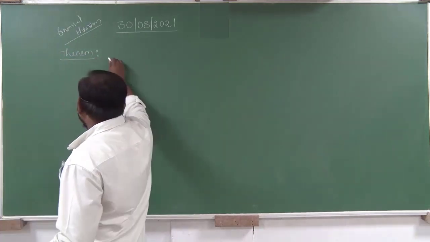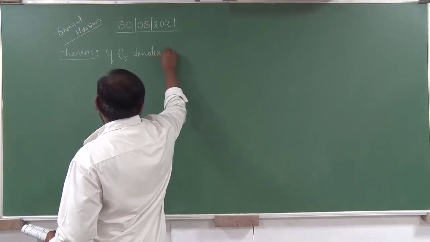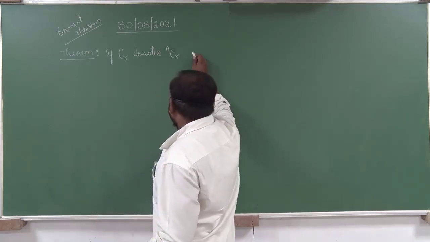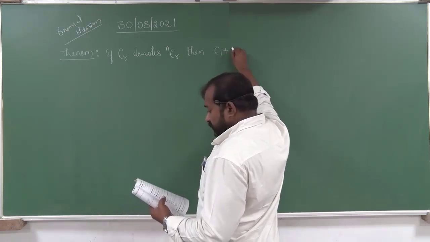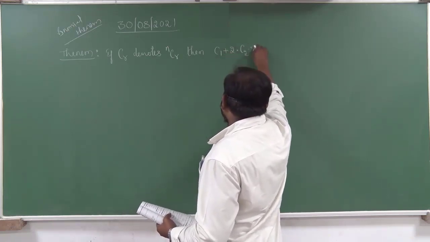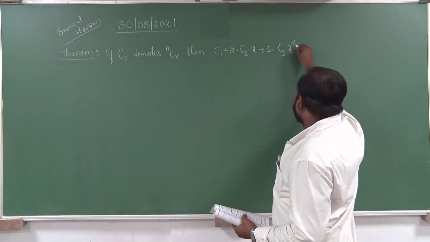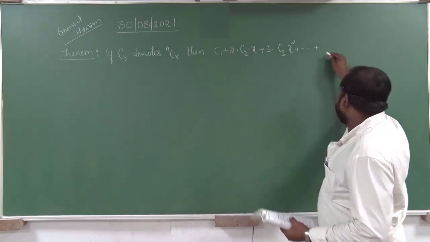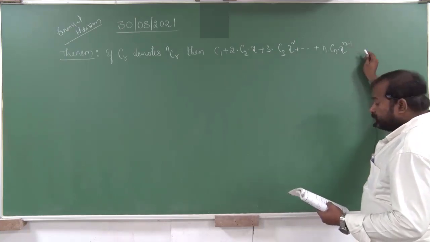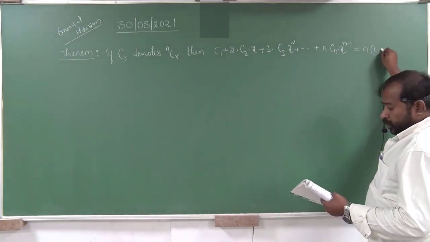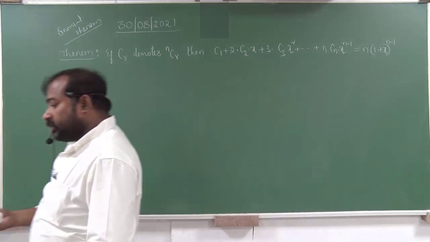Here the theorem is, if Cr denotes nCr, then C1 plus 2 into C2 into x plus 3 into C3 into x square plus ... plus n into Cn into x power n minus 1 is equal to n into (1 plus x) whole power n minus 1. Our aim is to show that this is the value.